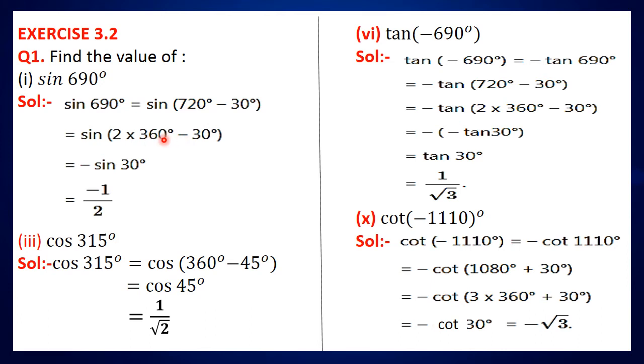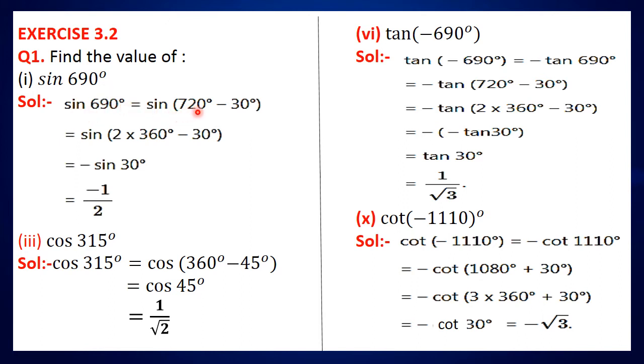If it is written as a multiple of 360 degree, you get the same function only, because an integral multiple of pi by 2 into any number will be an even multiple. So you will get the same function, but according to the quadrant in which the angle lies, it will be positive or negative. So let's solve this sum.